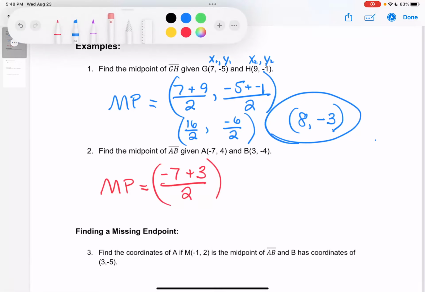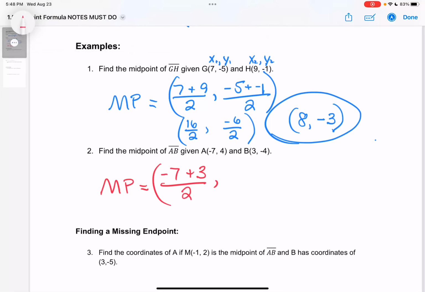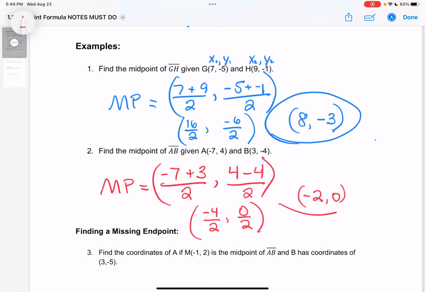Doesn't really hurt anything, but at the end you need to have 2 coordinates. Then we've got 4 plus -4, which is 0, divided by 2. So -7 plus 3 is -4, divided by 2, which is -2. 4 minus 4 we've got 0, divided by 2. So our final point is (-2, 0). That's the midpoint.